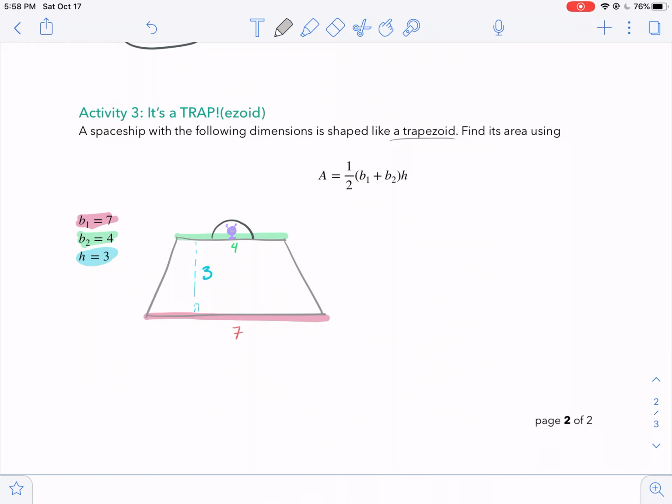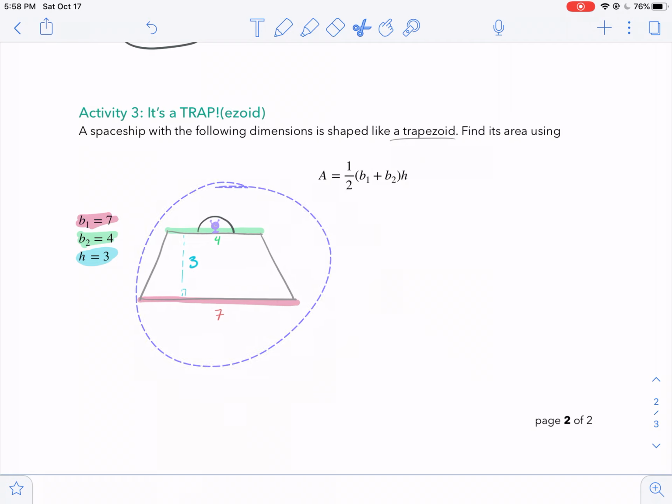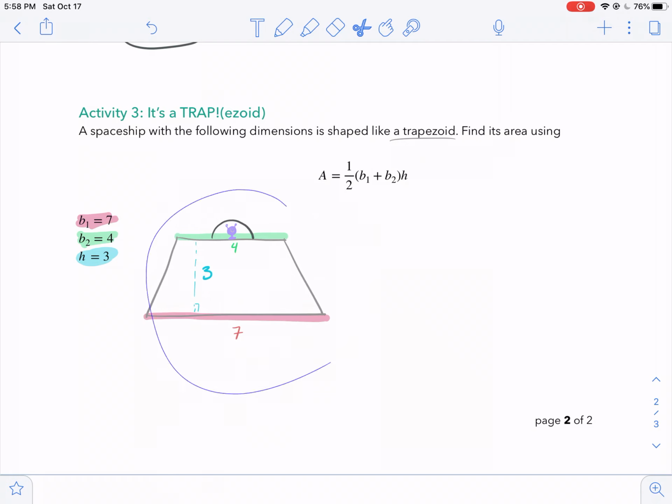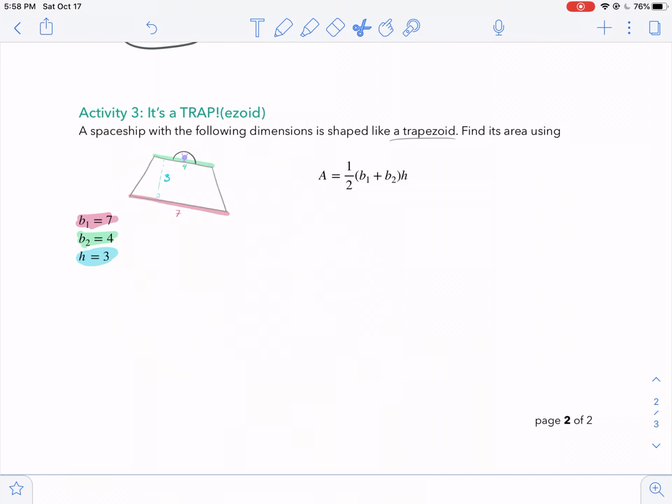Anyway, our alien spaceship has these dimensions. Let's plug them into the formula and see what his area is. So, what's the area? We don't know, we're trying to find it. Equals 1/2, we keep that the same.